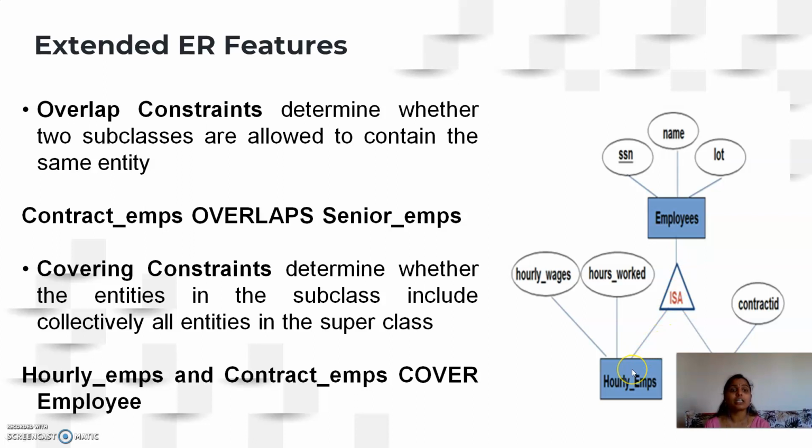So if I consider all the employees under hourly employees as well as under contract employees, if we combine these two, will they be available as the total number of entities in the employees entity set? Yes or no?